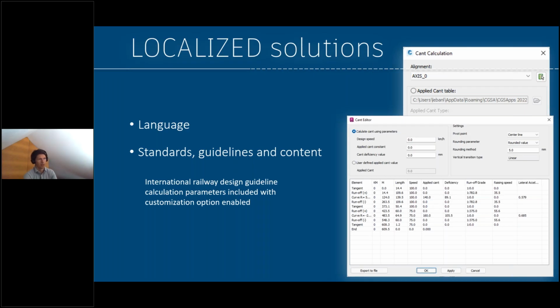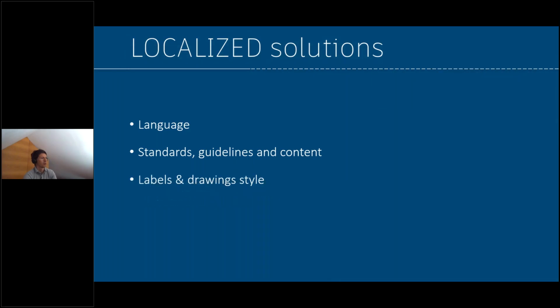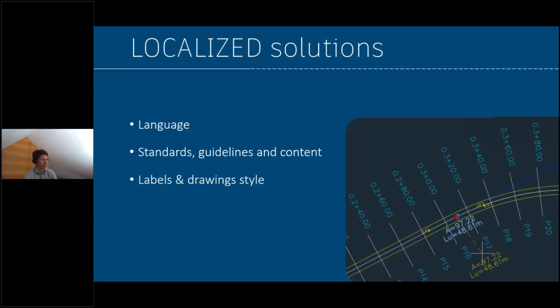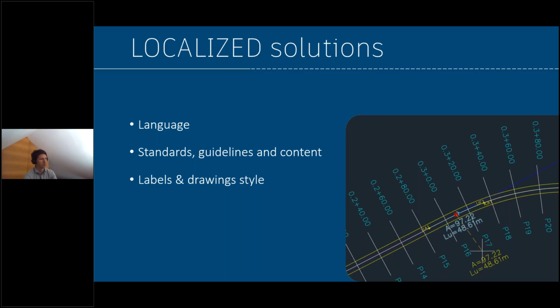There are external XML files where, for example, the geometry of turnouts is stored, and the parameters for cant calculations are saved. Then we have the geometry for the cross-section, geometry for the ballast track, etc. So there are more parameters which are externally stored, and you can use and customize them as well.